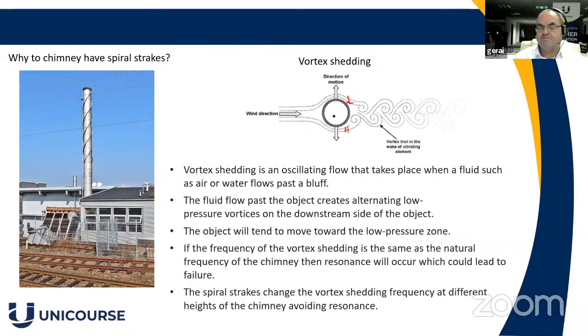Now, what happens is, if it so happens that this vortex shedding pulsation coincides with a natural frequency, so this chimney will have a natural frequency, Fn. And if the oscillating forces acting on it, which is the driving frequency, coincide with that natural frequency, then you'll get resonance.